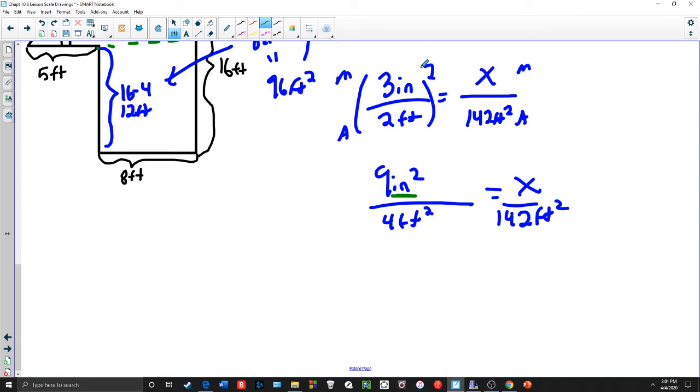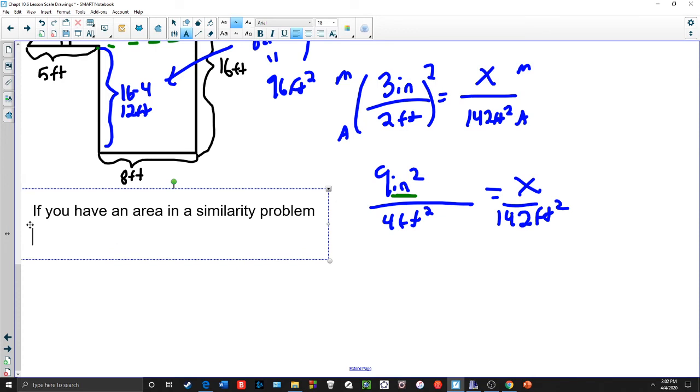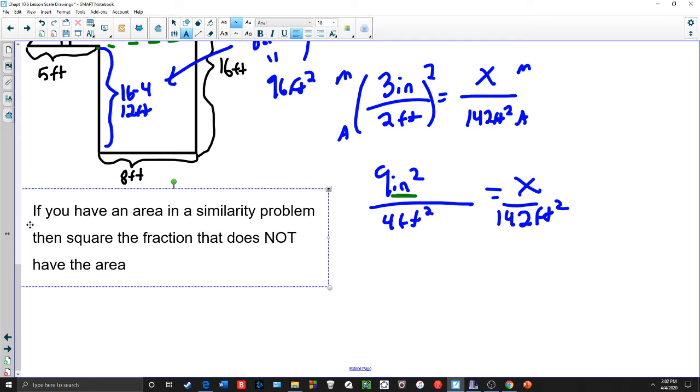Again, if the dimensional analysis unit thing is confusing you, just follow the rule: if you have an area in the similarity problem, you should square the fraction that doesn't have the areas. So let me even type that out here because we all know how good my handwriting is. The shortcut: if you have an area in a similarity problem, then square the fraction that does not have the area values.